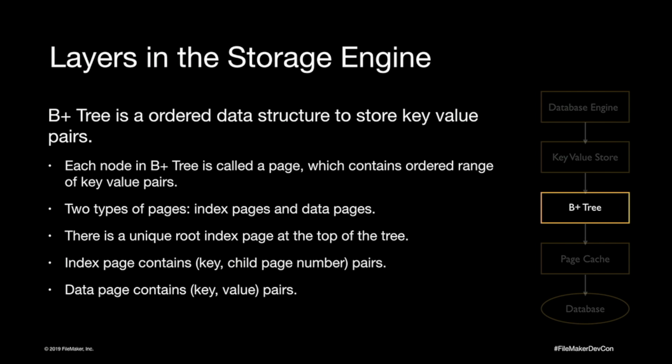One type is the index page, and the second is the data page. The purpose of index pages is to provide very quick access to the actual key that you're looking for, and the data page actually contains the real key value data. So all your data is stored only in the data pages, and the index pages are only used to speed up access to the key value pairs.